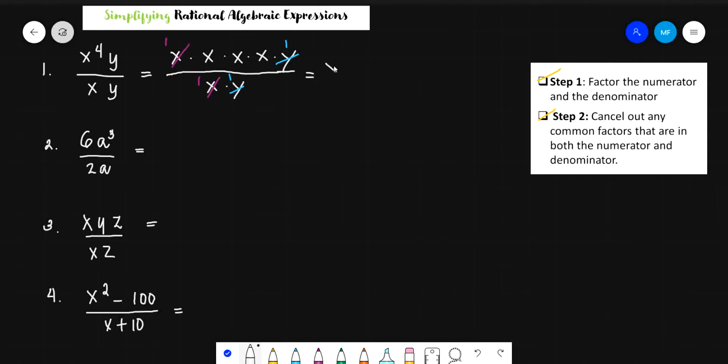We have x na 3, i-add lang natin exponent nila, 1, 2, 3. So, we have x cubed all over 1, ang denominator natin. Or we can simply write this as x cubed. So, this would be ating final answer for number 1.